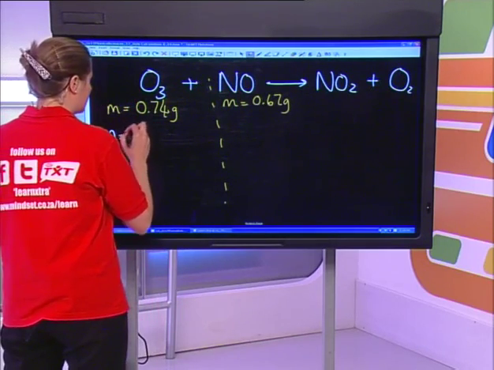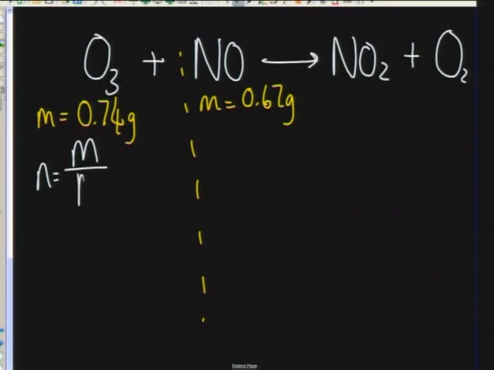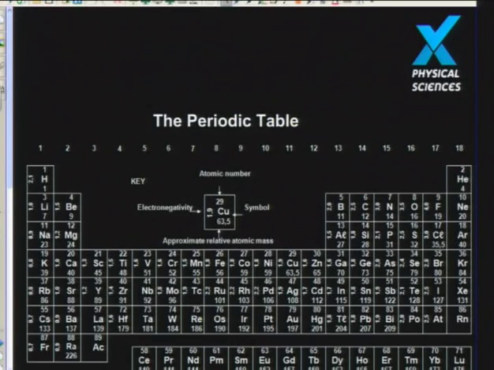Number of moles is equal to mass over molar mass. So first I need to work out the molar mass of ozone, O3. It's going to be 3 multiplied by 16. Where do I get that number from? Let's go across to a periodic table. There it is, oxygen, and its relative atomic mass is the bottom number.